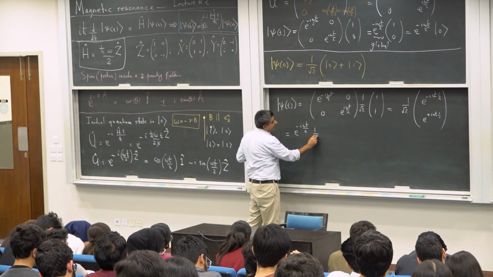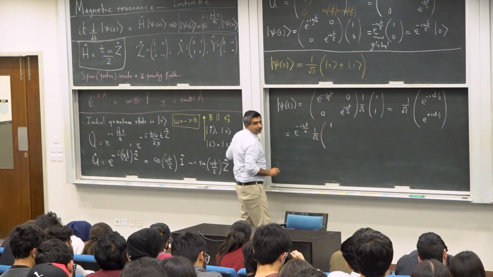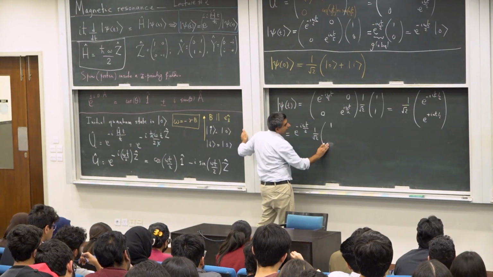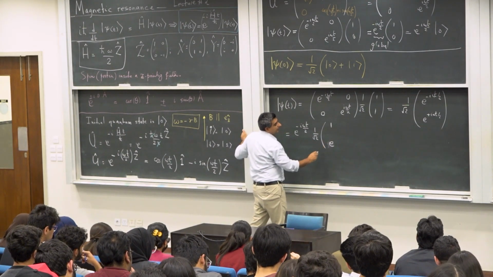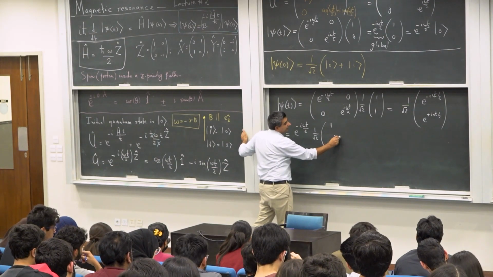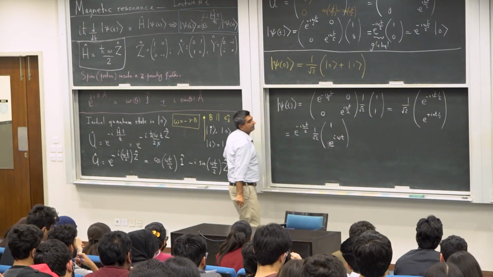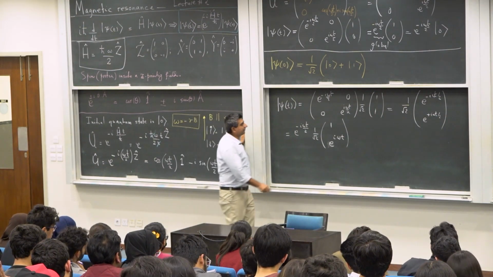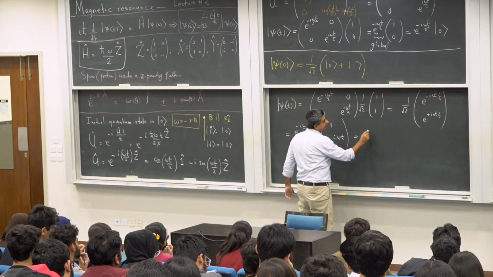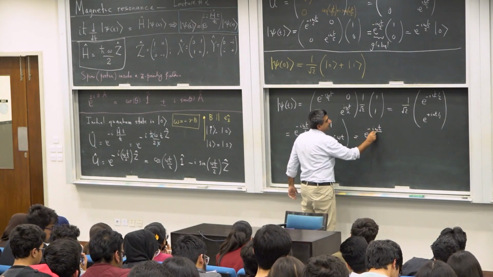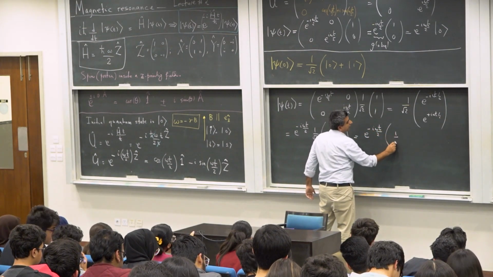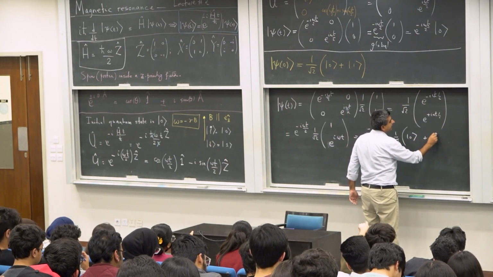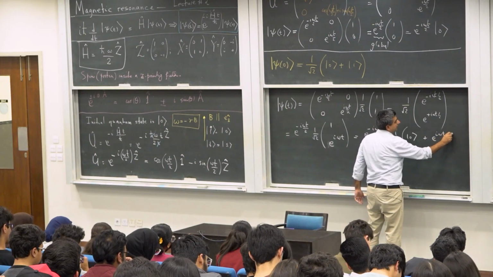Everything else remains. I get 1 here. What do I get here? Sorry, e to the i omega t. Correct? Now this means my quantum state as a function of time is 1 over under root 2 ket 0 plus e to the i omega t ket 1.